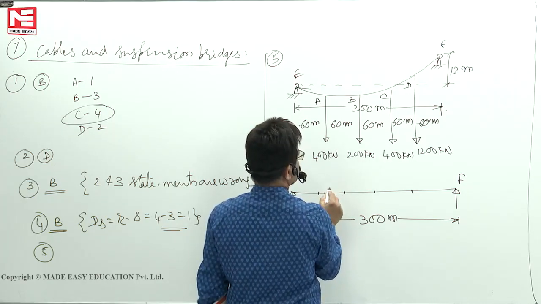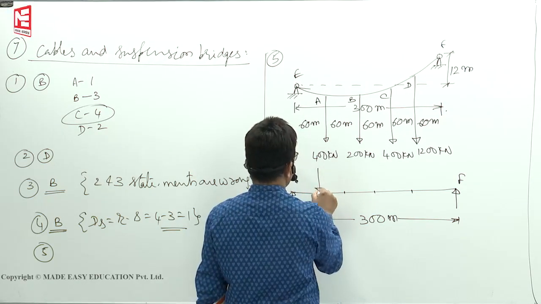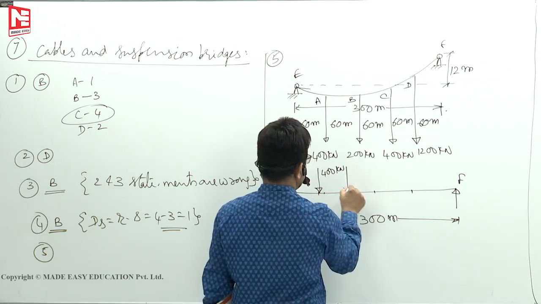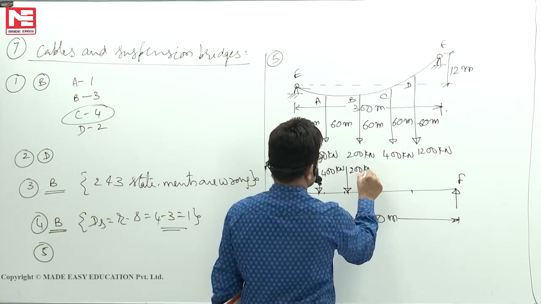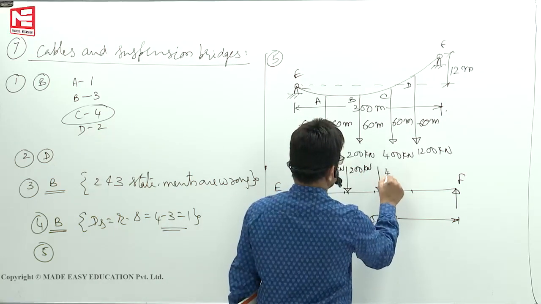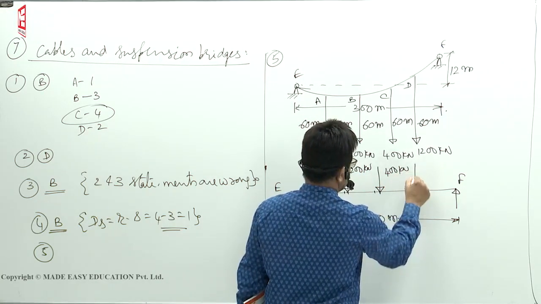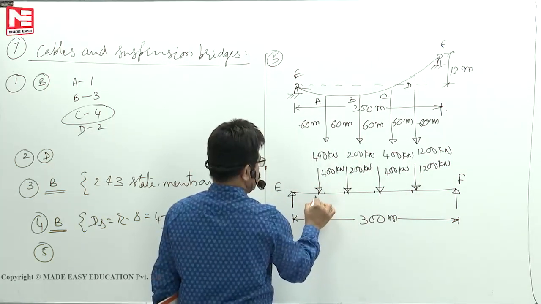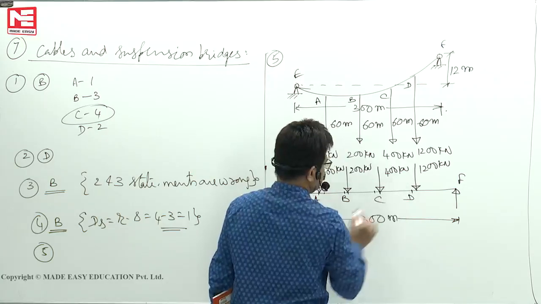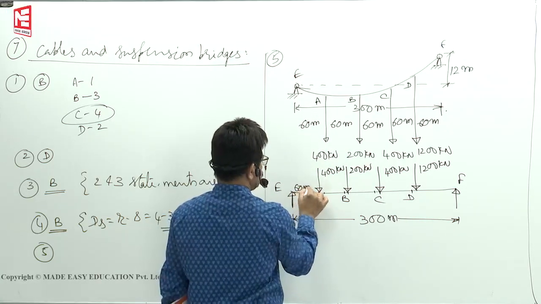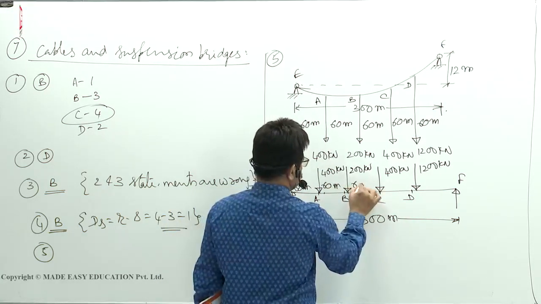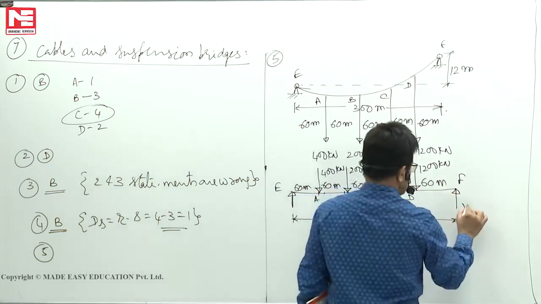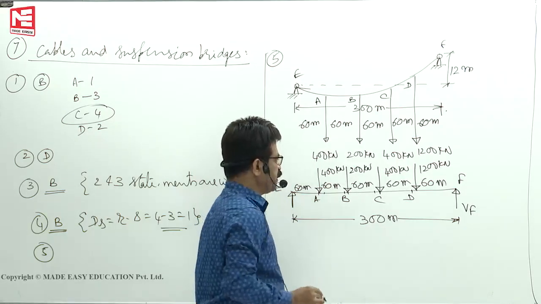Here there is one load, 400. This is 200. This is again 400. This is 1200. This is A, B, C, D. All are 60 meters. So first you calculate, as we have told you, Vf.